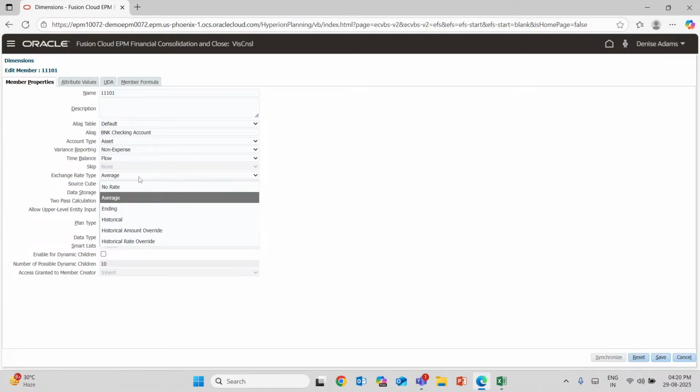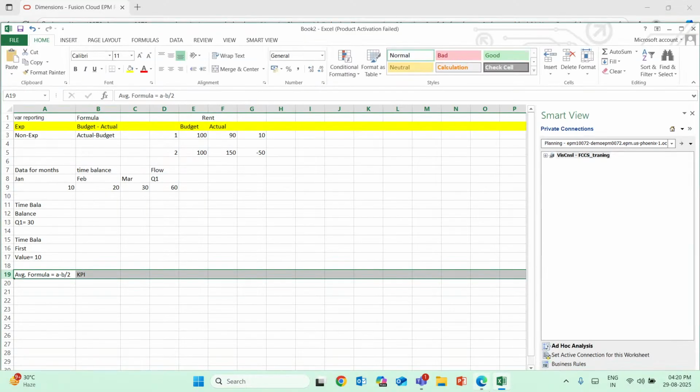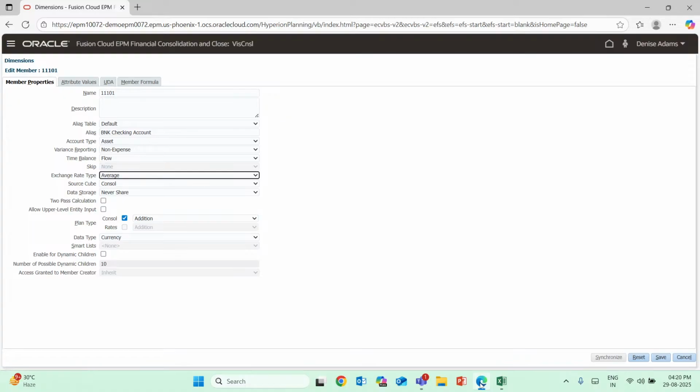if I talk about the foreign subsidiary, in foreign exchange subsidiary we generally have two rates: closing rate and average rate.